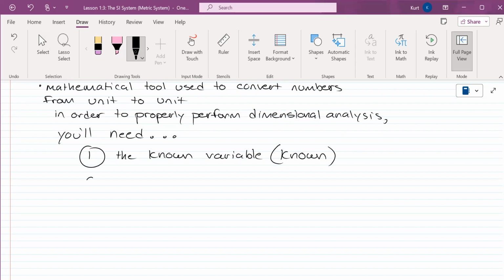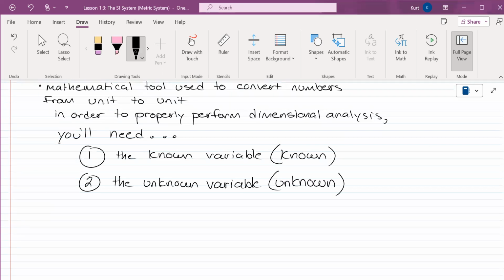Two, the unknown variable. I'm going to call that the unknown for the whole year. Your known, your unknown, and then you're going to need conversion factors, whether it be one or multiple.